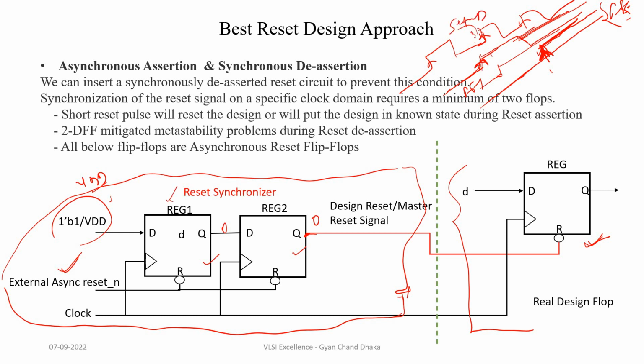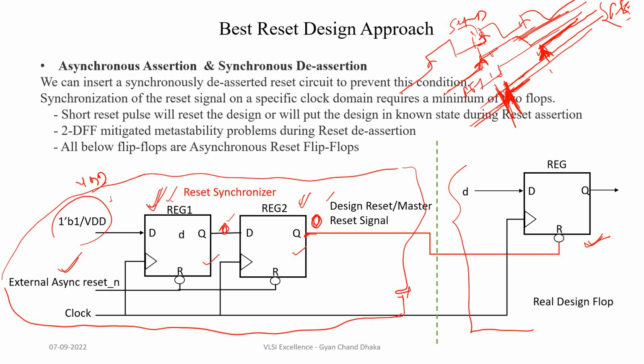Now, if the reset de-assertion happens in our recovery window, as shown here, then flip-flop 1 can go metastable. But always remember, when the reset is asserted, this output is 0 and this output is also 0. So at this clock edge, when the reset de-assertion happens just before the clock edge, flip-flop 1 can go metastable, but flip-flop 2 will not, because the input and output are both 0 for flip-flop 2.